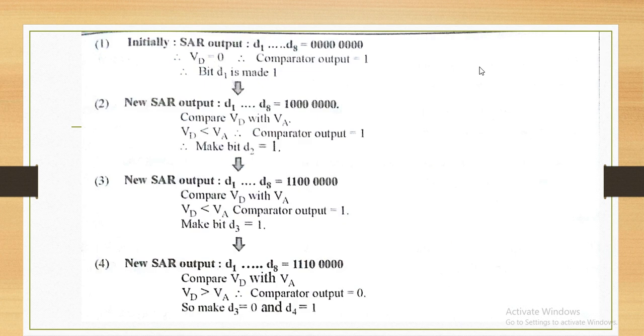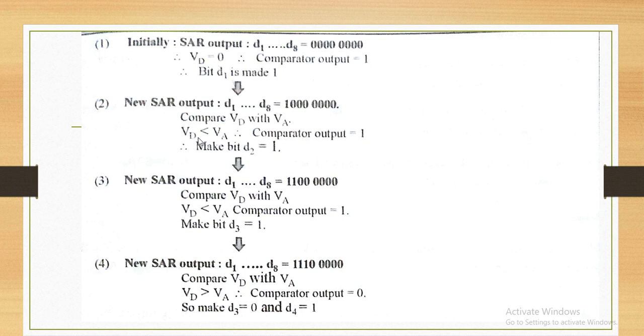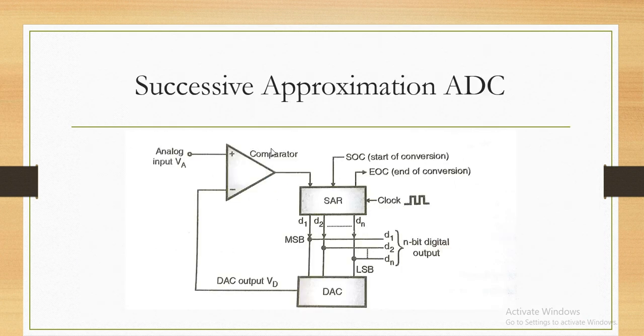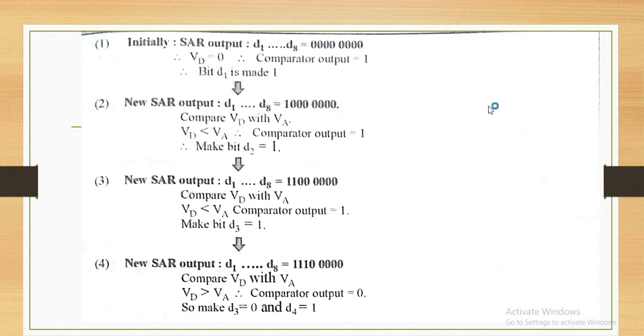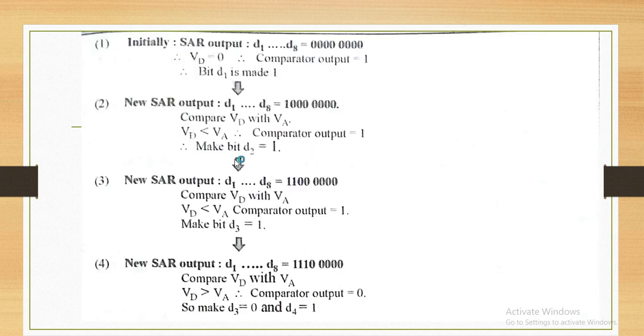Now if that VD is less than VA, meaning the comparison is done with this comparator, and VA is greater than VD, we can say that we have still not reached this value, and therefore the comparator output is 1, and that's why this SAR will make D2 a 1.